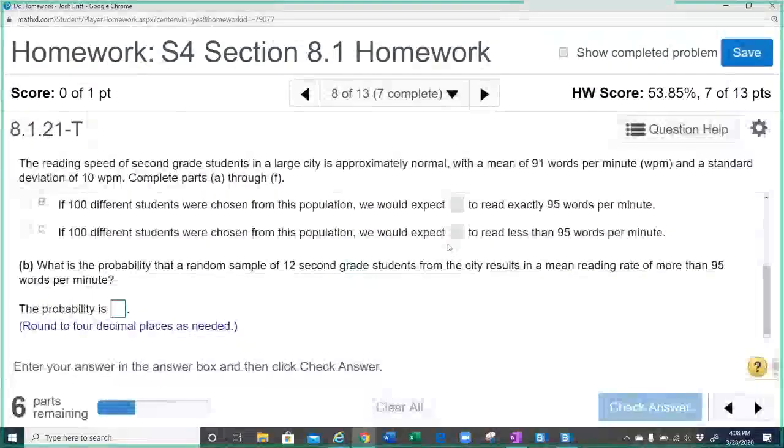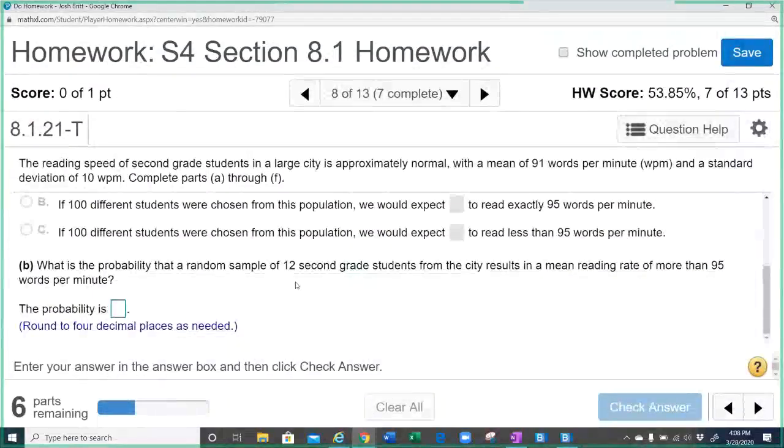Okay, now we go to a sample of 12. So we've got to get a new standard deviation. Let's compute the new standard deviation, which is always sigma, 10, divided by square root sample size. So 10 divided by square root 12.